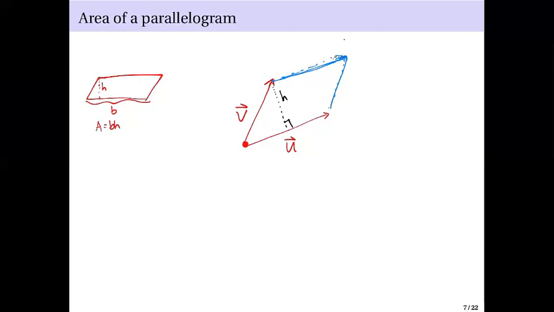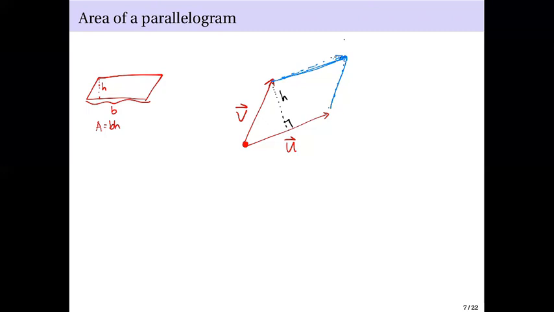But anyway, you have this h, and you have the vector u. We are left to find the value of h here. But the question is, how do we get the value of h?